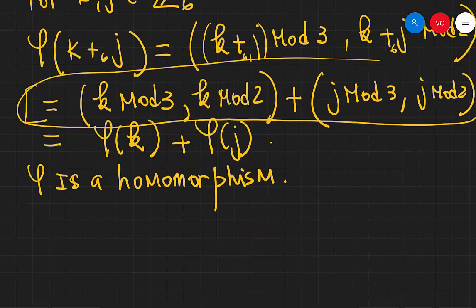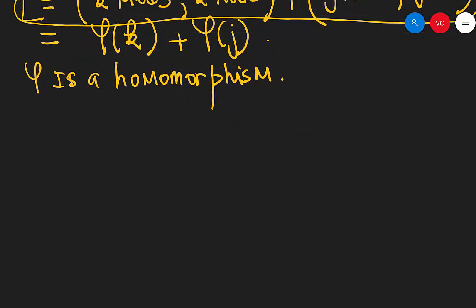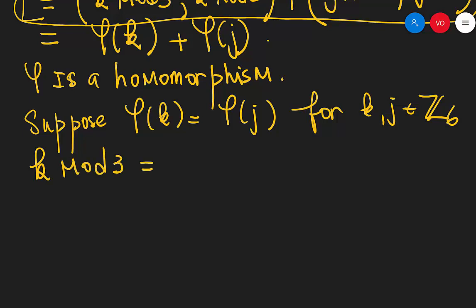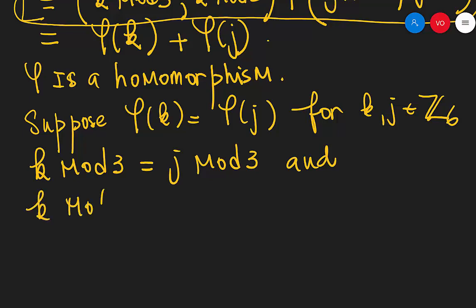Okay, now I claim that phi is injective, and to see this, suppose that phi of k is equal to phi of j for k and j in Z6. So that means that k mod 3 must be equal to j mod 3 and k mod 2 will be equal to j mod 2.